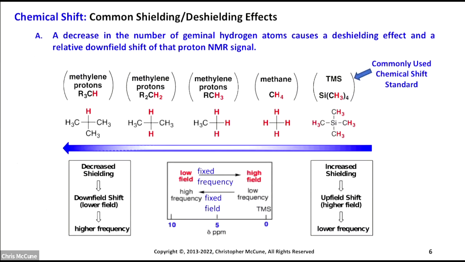So let's talk about common deshielding or common shielding factors. A decrease in the number of geminal hydrogens on the same carbon causes a deshielding effect and a relative downfield shift, so to the left on the NMR scale. This is a typical standard that gets used in NMRs, and it helps you set all the other peaks.